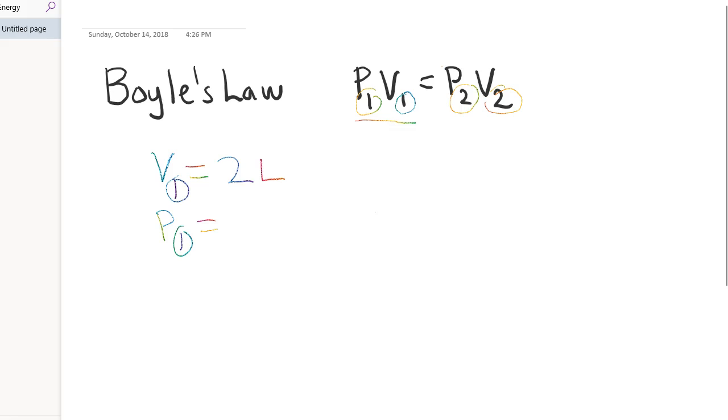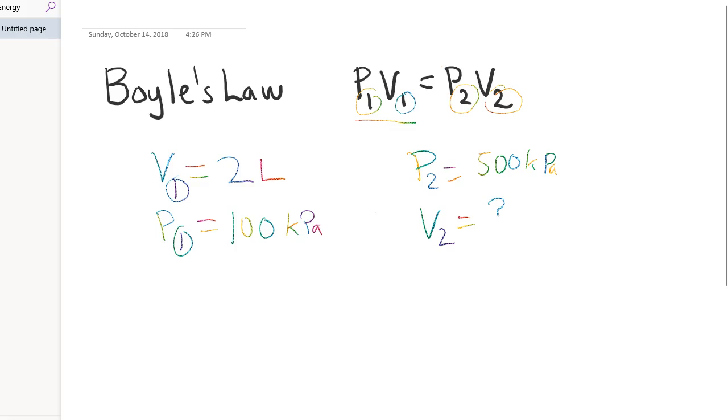Let's say that the pressure in the first part of this experiment is 100 kilopascals. Well, we want to know what happens if we change the pressure to 500. So the second pressure would be 500 kilopascals. What would then be the volume under that new pressure?